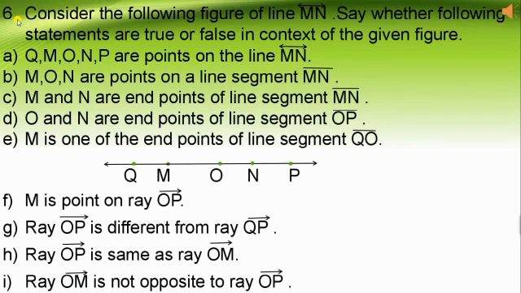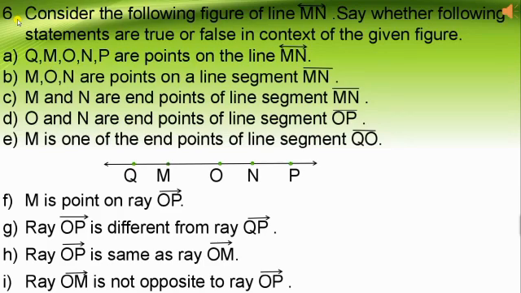M is a point on ray OP. That is statement F. You know that the ray OP starts from O and not from M. So, M is not a part of that ray. Hence, that statement is wrong or false.